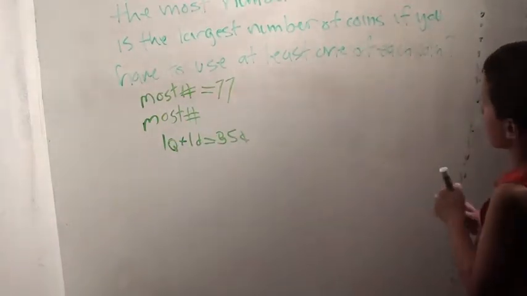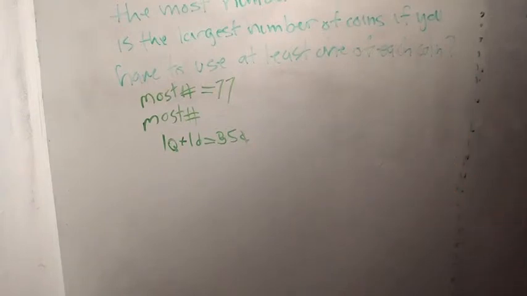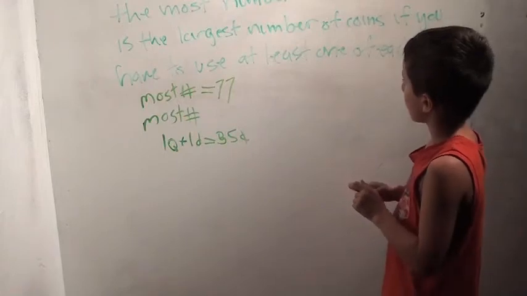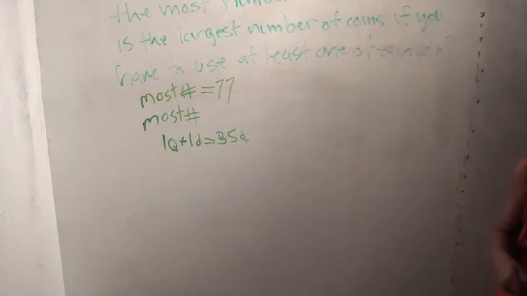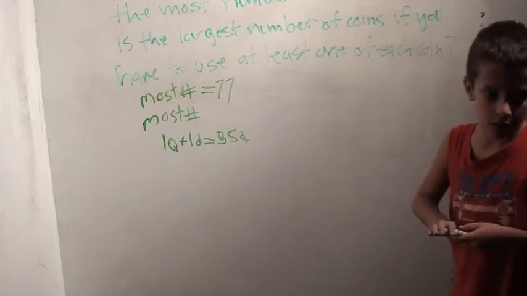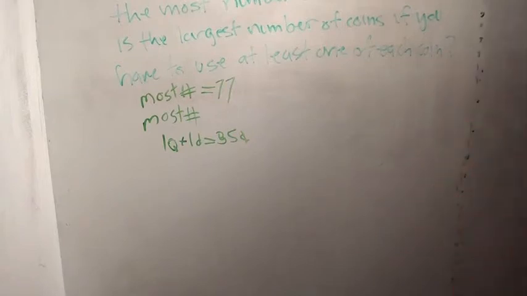So that's 35 cents, and now we have to make 77 cents. 30 and 40 is 70, and then we can use 42 more pennies.